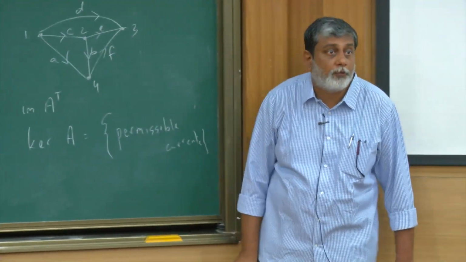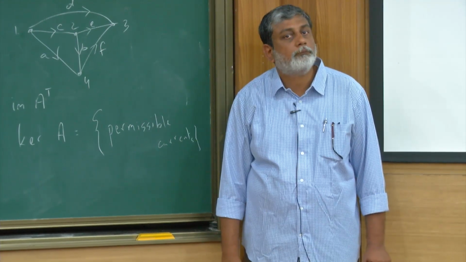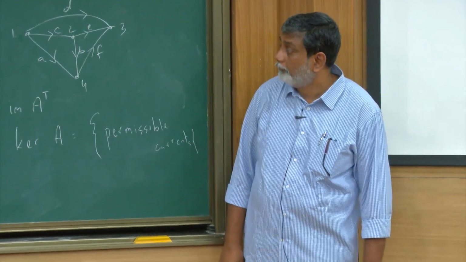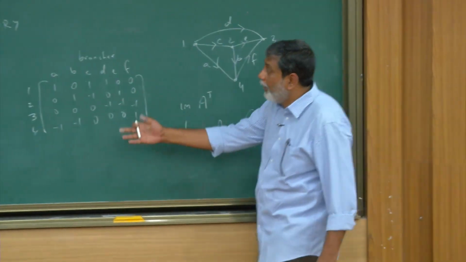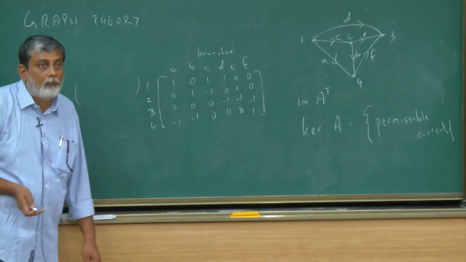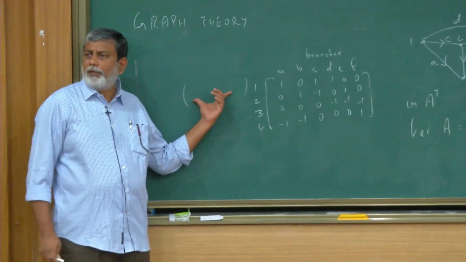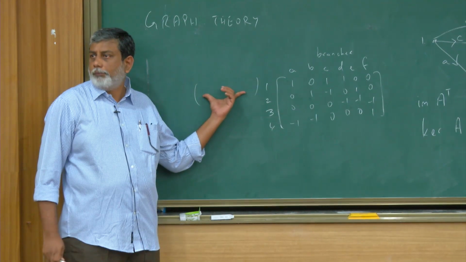image of A transpose. Okay? Image of A transpose, which means this A we are going to multiply by a vector here. And what would be the size of this vector? 4. Yeah?